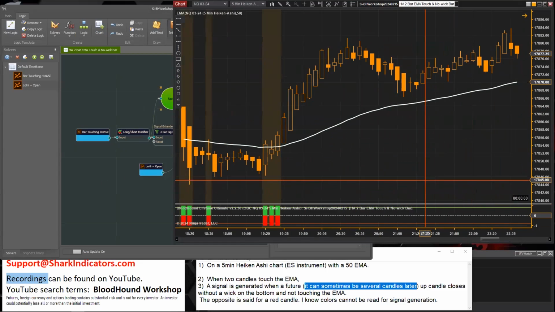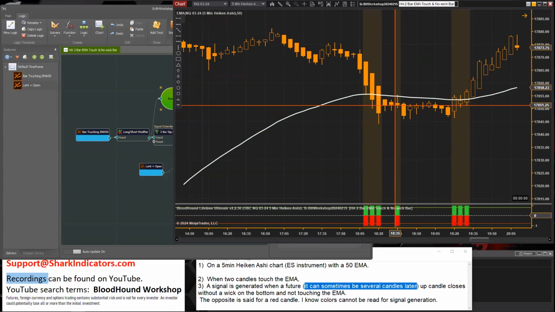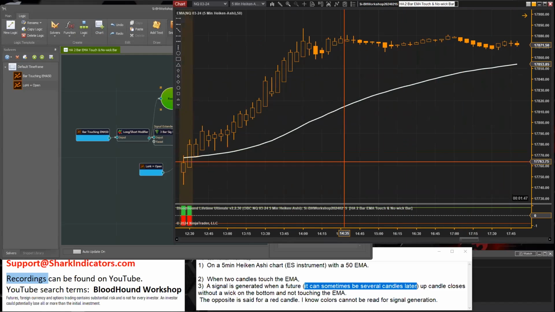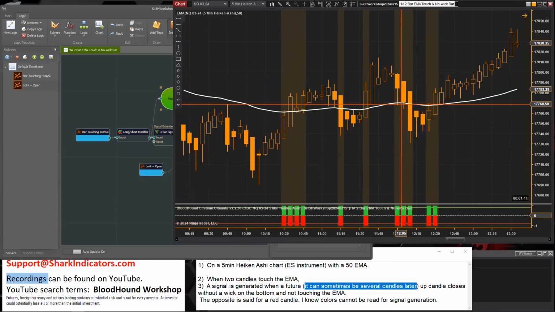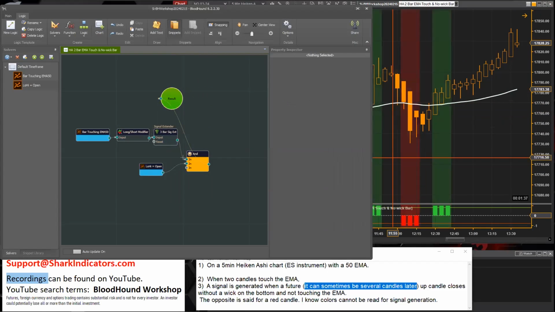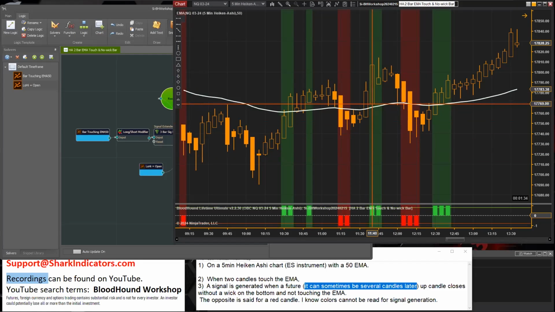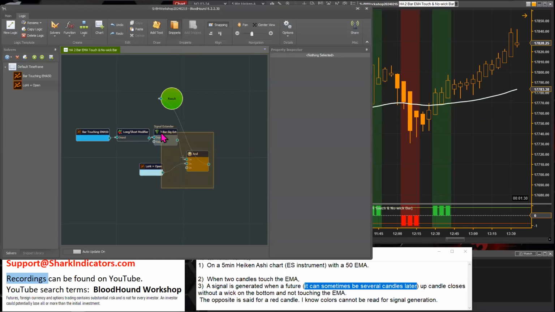Let's see if I can find one. There we go. Sometimes you might get just one bar. Although, interestingly enough, there actually was no no-wick bar, so that's a bad example. Here we go. We got one bar touching, and then we have a no-wick bar, and that would have generated a signal, but we needed 2 bars here. So that was overlooked.